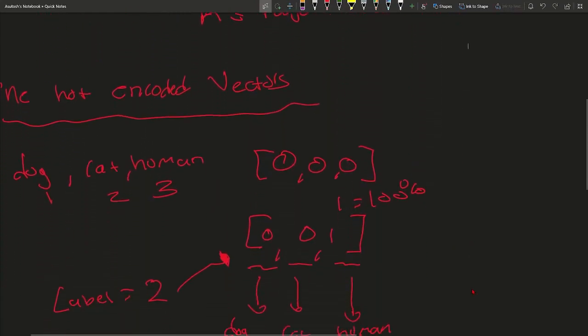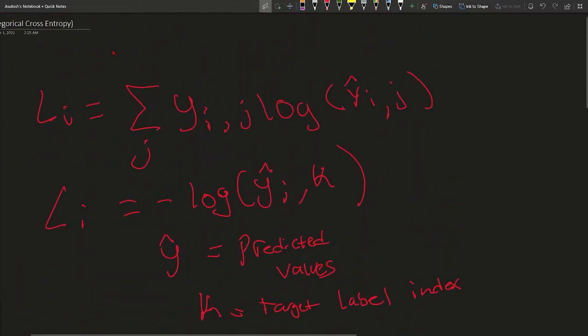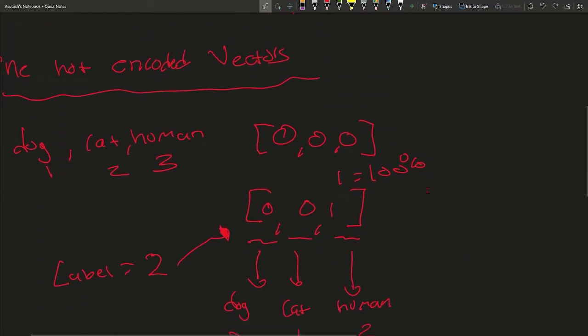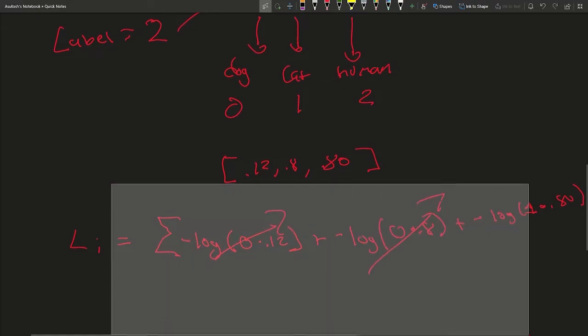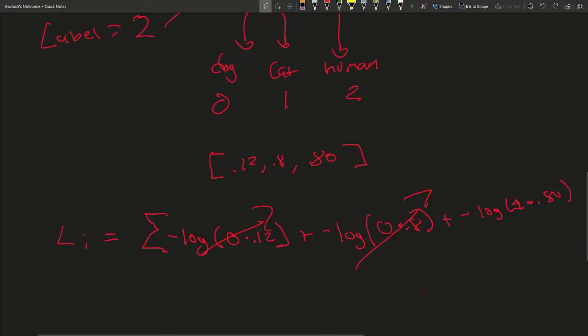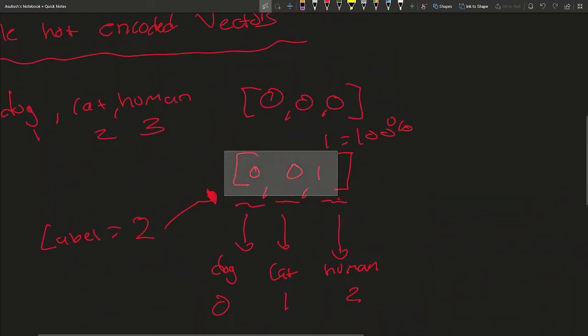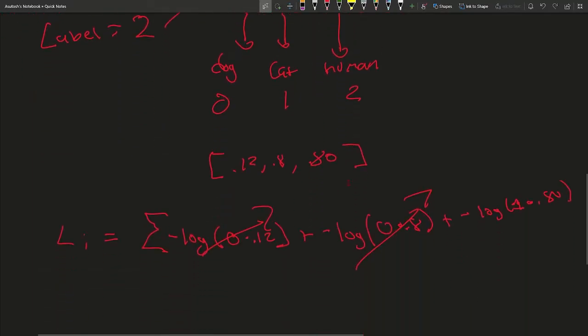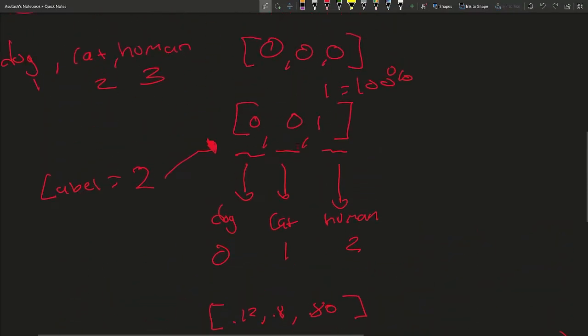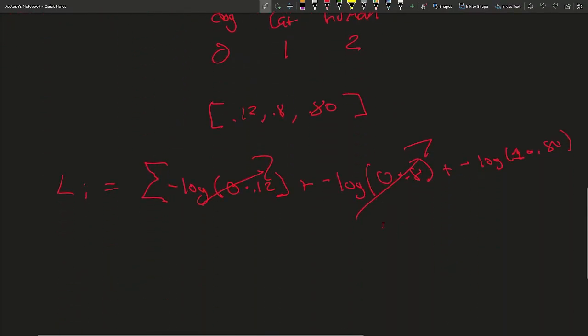Because the true equation is the summation of all the one hot vector entries times the predicted outputs, and that's what we just did. But in reality, since the one hot vector is initialized with zeros except for one value, everything but that specific target index is just going to disappear.